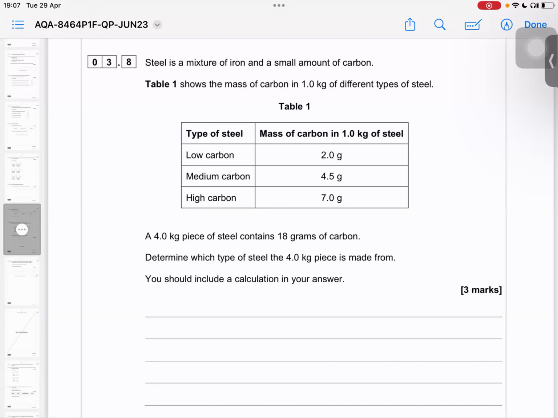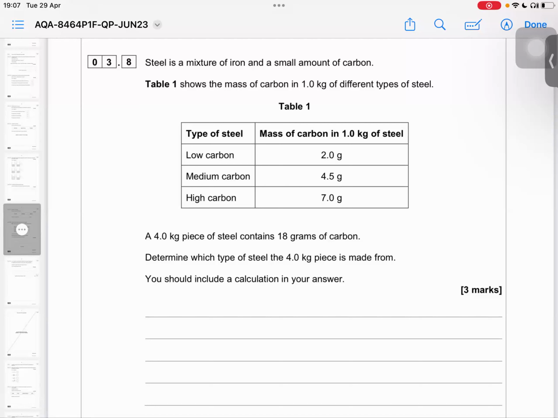That's 4.5, right? Okay, so that means that this sample of steel that we are investigating is the one with medium carbon, isn't it? Yeah.